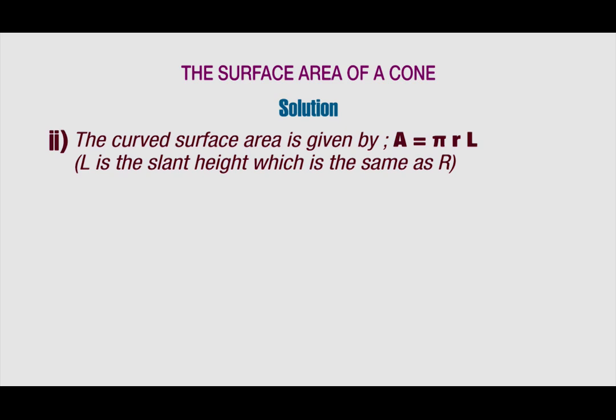Let's look at II, where we are to find the curved surface area. We know the curved surface area is given by A equals pi rL, where L is the slant height, which is the same as big R. Now, picking our values and making the appropriate substitutions, we have A equals 3.142 multiplied by 25 multiplied by 60.